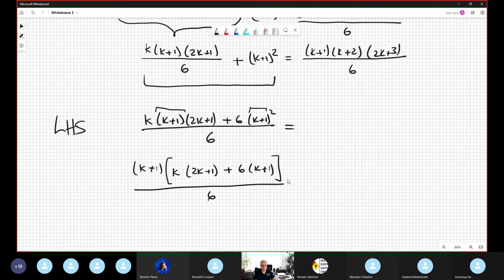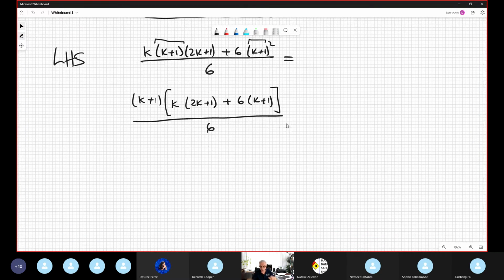Okay, this is not the unique way to manipulate this. You use your imagination and the algebra that you know very well from the intermediate level. Now, distributing k plus 1, we have 2k squared distributed.